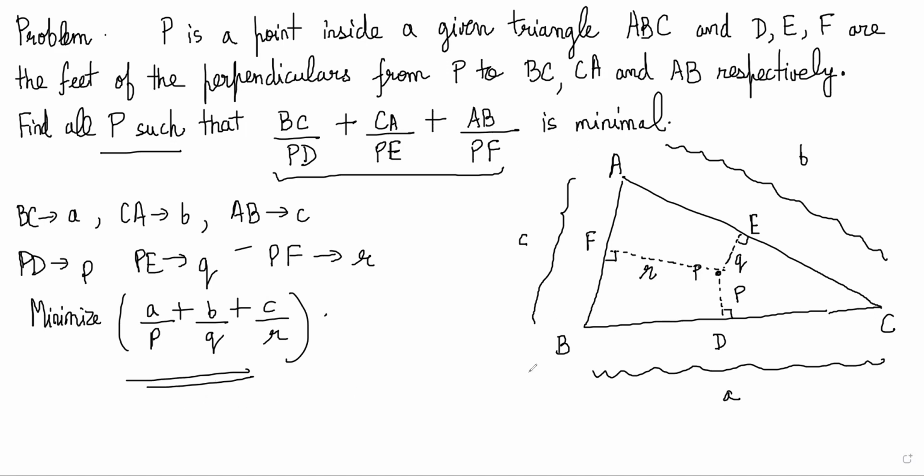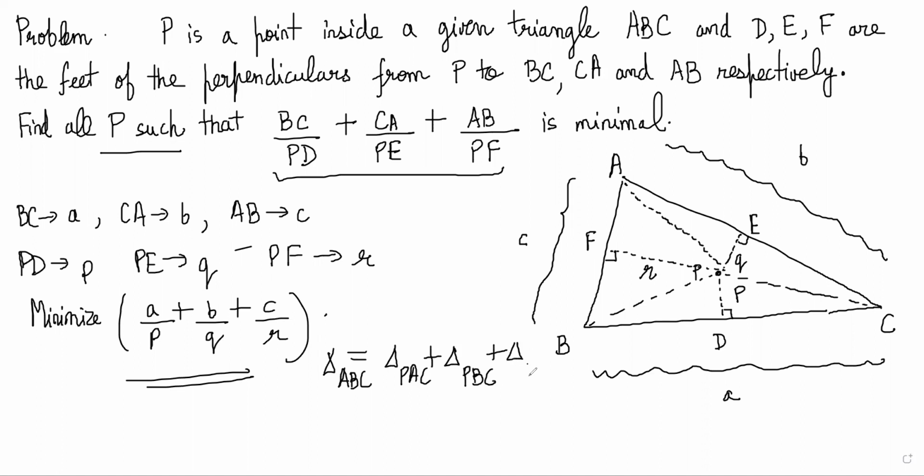So we know that if I connect this point P to the three vertices like this, then the triangle ABC is being divided into three triangles, PAB, PAC, and PBC, right? And we know that the area of triangle ABC is equal to area of PAC plus area of PBC plus area of PAB, right?